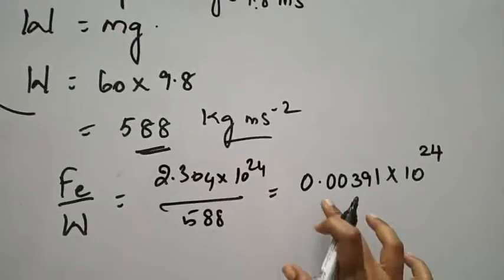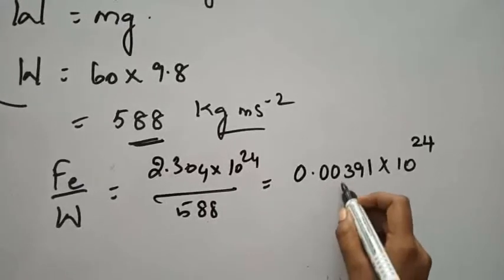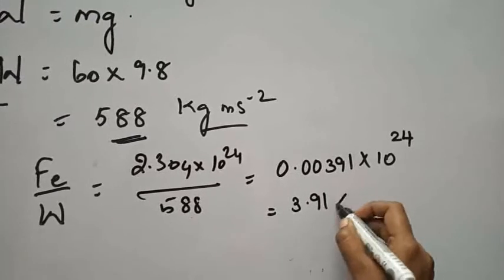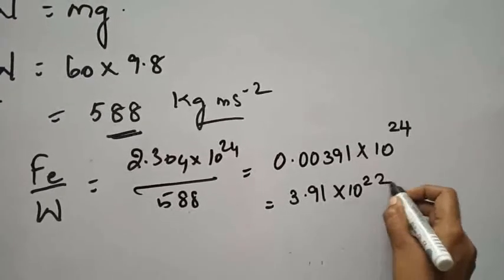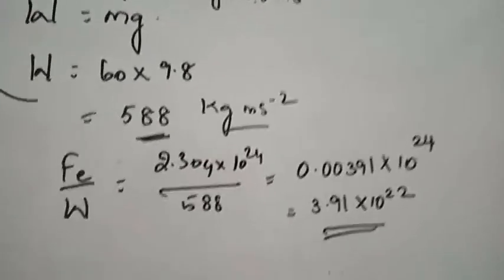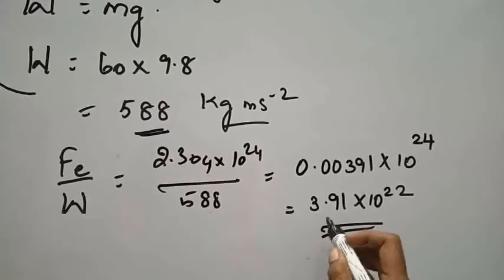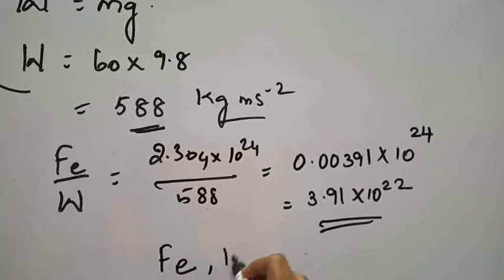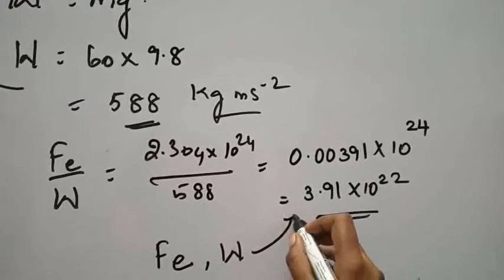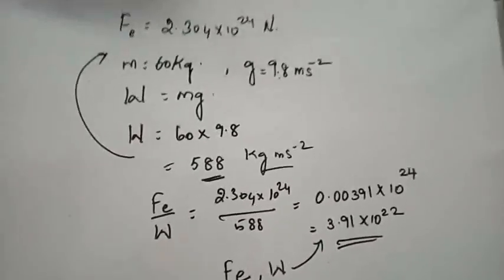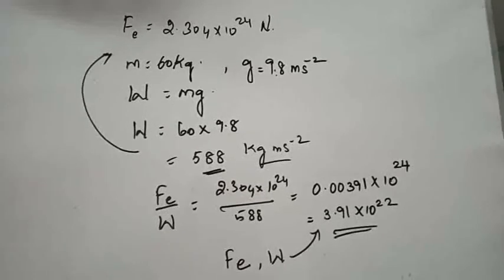So when I bring this decimal 3 points aside, it becomes 3.91 into 10 to the power 22. So this is the value, that is, my electrostatic force and weight differ by this many number of times. So this is all about the second question.